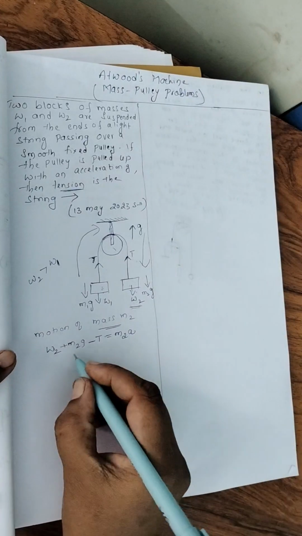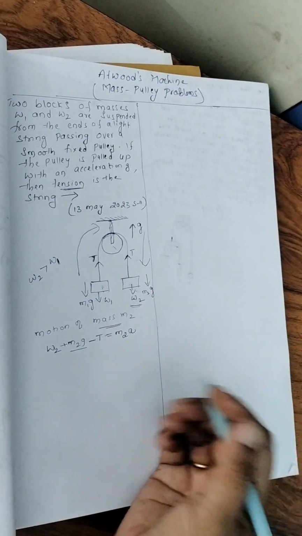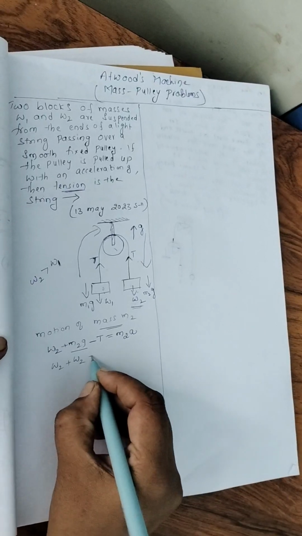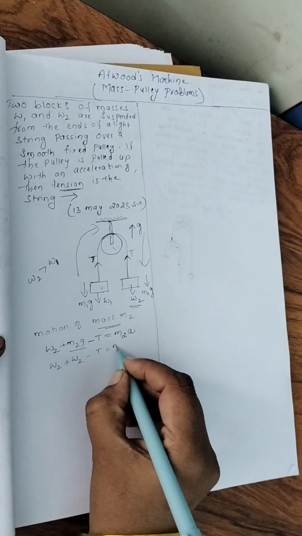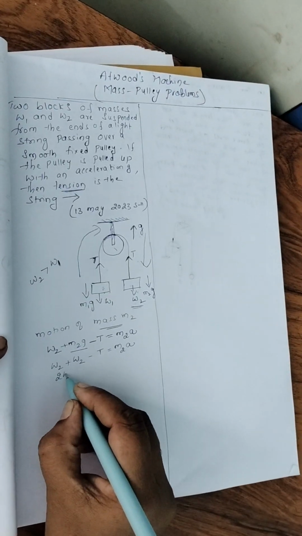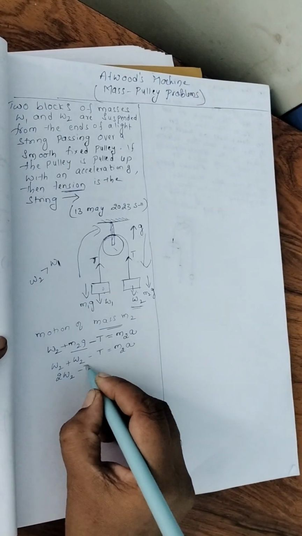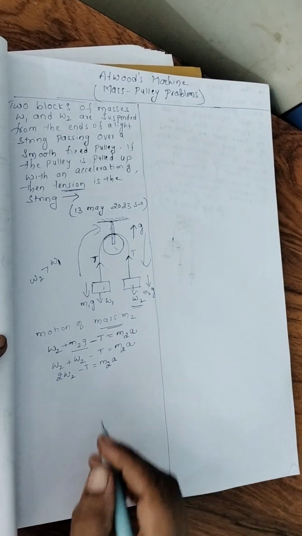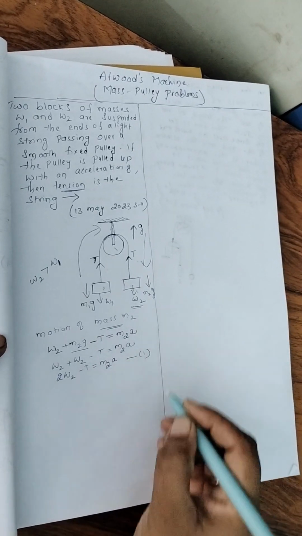But M2g is nothing but gravitational weight, so I am writing W2 minus T is equal to M2a. So this becomes 2W2 minus T is equal to M2a. Put it as equation 1.